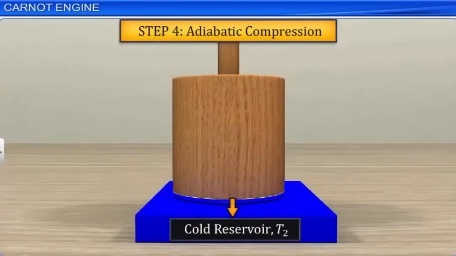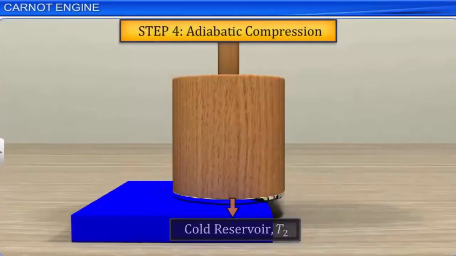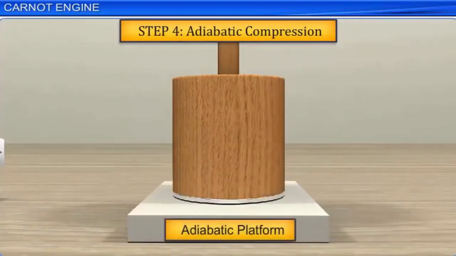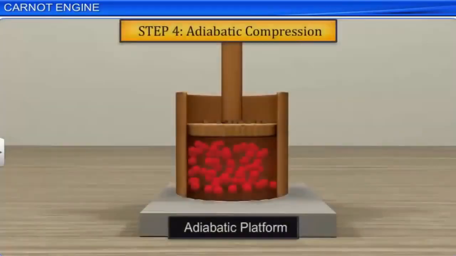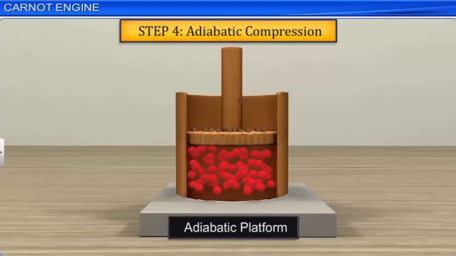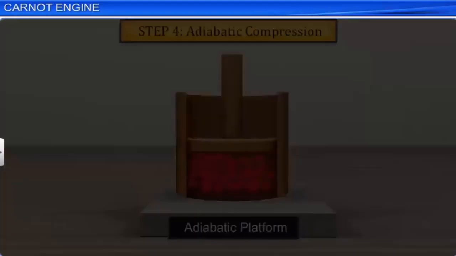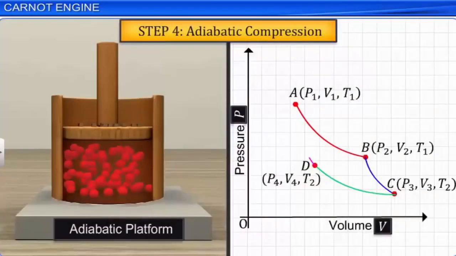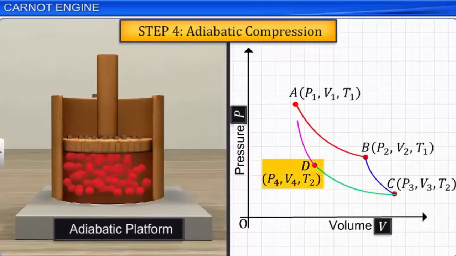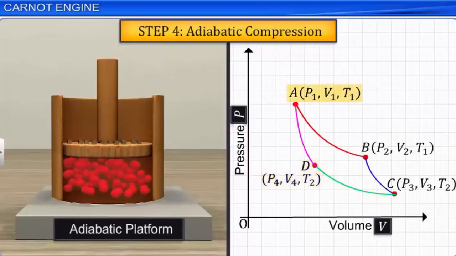In the final step, place the container on an adiabatic platform once again and compress the gas by adding small weights one by one. This adiabatic compression has taken the state of the gas from D, P4 V4 T2, to A, P1 V1 T1.